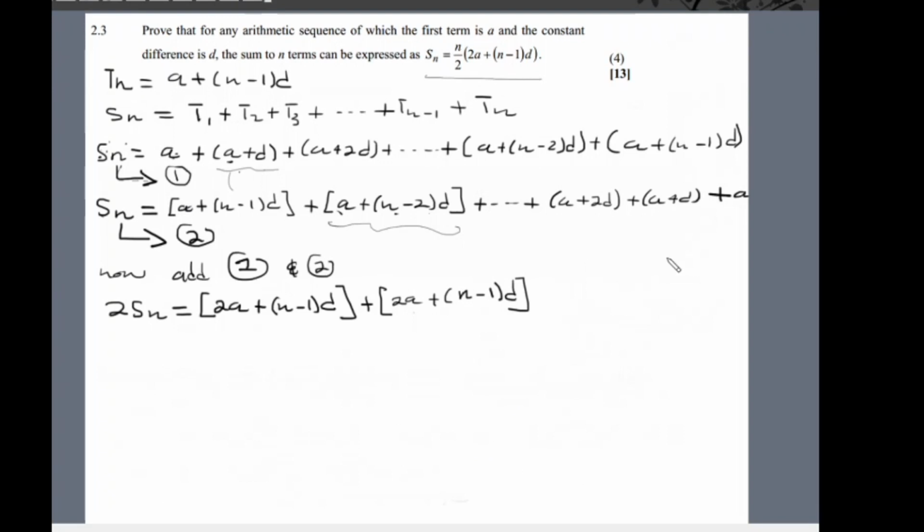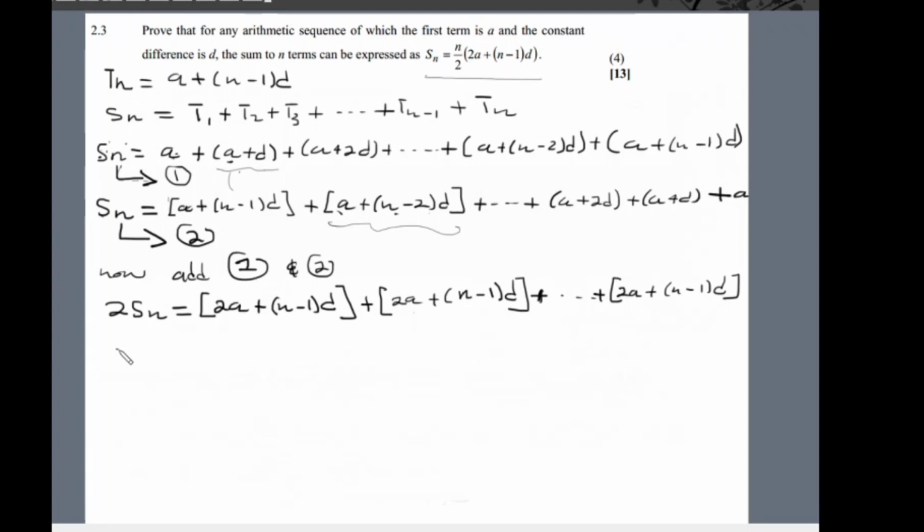When you carry on the same way, adding the corresponding terms of equation 1 and equation 2, all of them are equal to 2a plus (n minus 1)d, right? And since we have n terms that we are adding, we will have this bracket added n times.